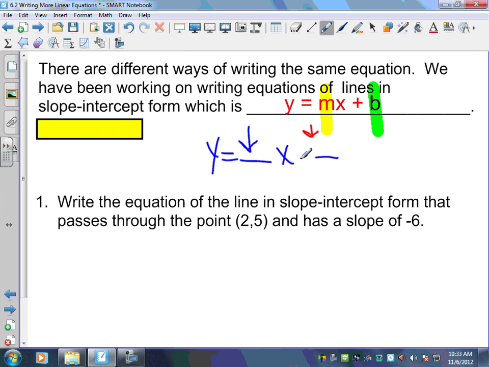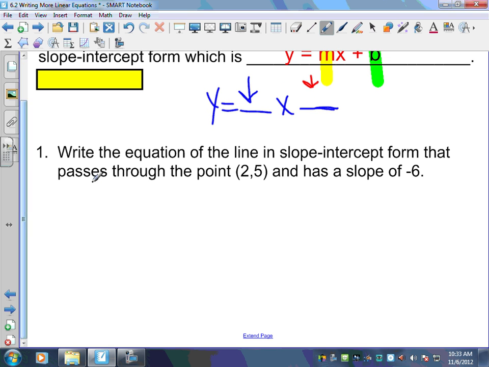Okay, today we're going to still write equations in slope-intercept form. However, what do you notice about the first one? Write the equation of a line in slope-intercept form that passes through the point 2, 5 and has a slope of -6. So what do you see that is missing?